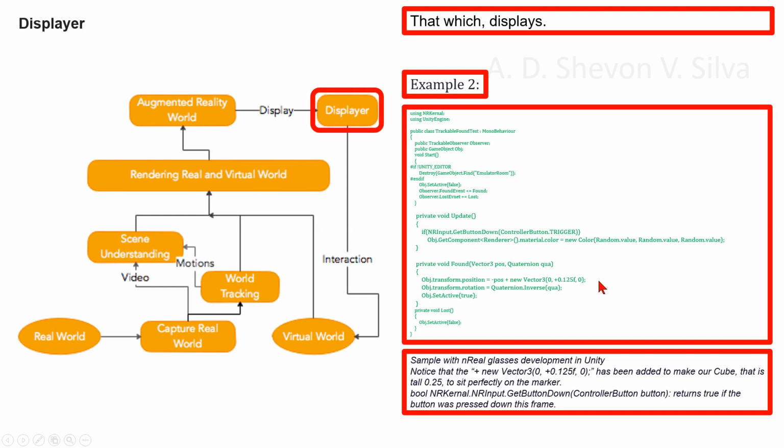The bool nr kernel dot nr input dot get button down control button returns true if the button was pressed down this frame.